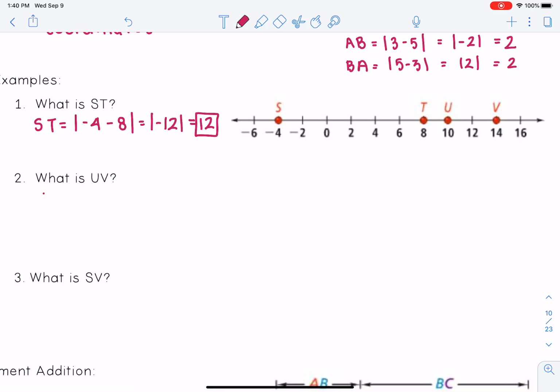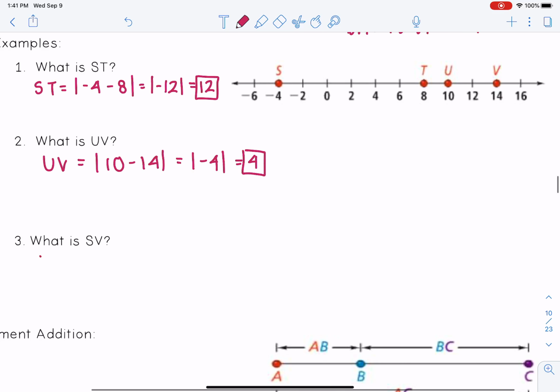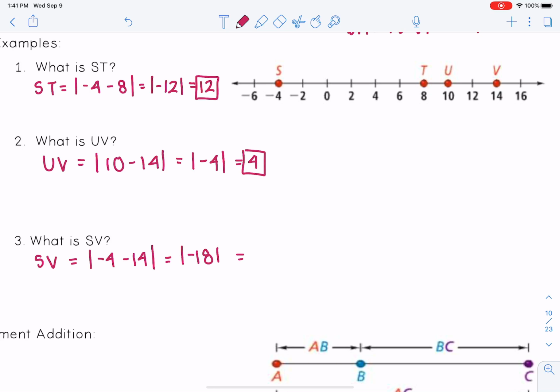UV is the absolute value. Well, U is 10 and V is 14. So we subtract that to get -4, which is 4. Last up, SV is the absolute value of -4 minus 14, which is -18, which gives us a positive distance of 18. So notice, since we take the absolute value, our distance can never be negative.